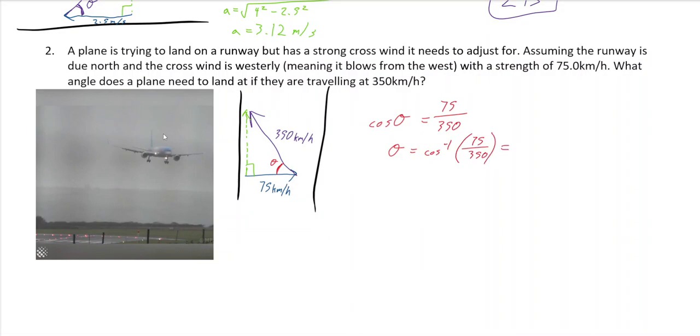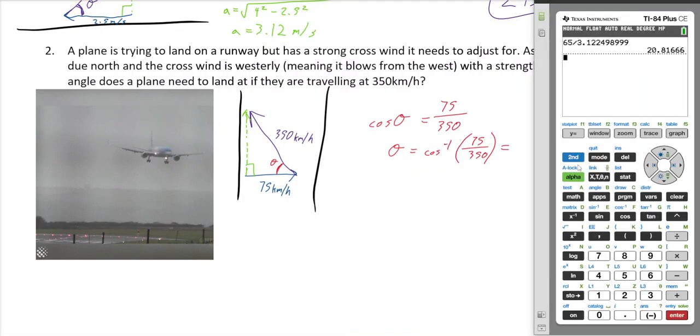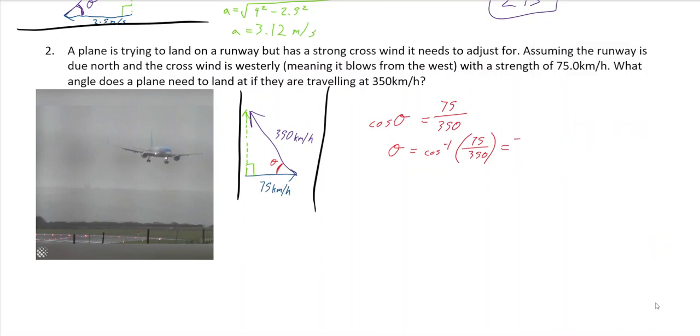And now we can calculate our answer. So this would be second function cos 75 over 350, 77.6 is our angle. And we'll use that angle there.